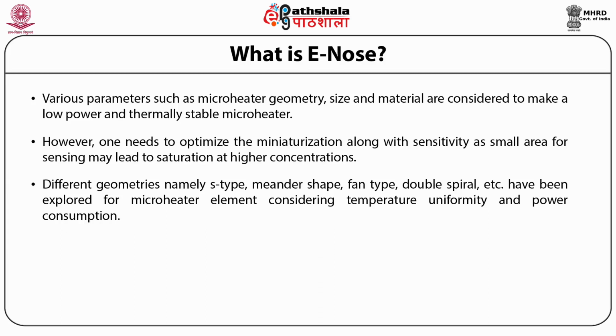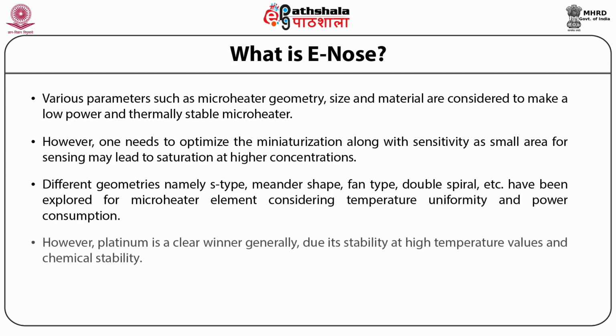Various materials such as platinum, polysilicon, nichrome, tungsten, gold, etc. have been explored for microheater application. However, platinum is a clear winner generally due to its stability at high temperature values and chemical stability.